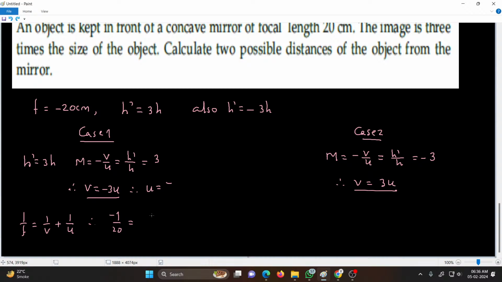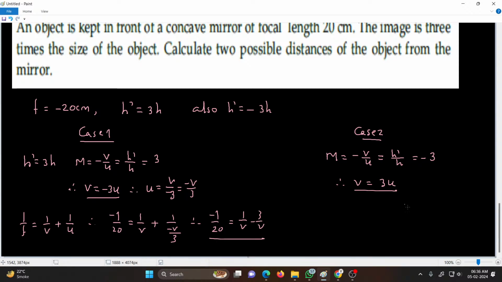Yes, we have to calculate v, so you can take u to be equal to v upon minus 3, that is minus v upon 3. So you will say minus 1 by 20 is 1 by v plus 1 by minus v upon 3, that is minus 1 by 20 is equal to 1 by v minus 3 by v.